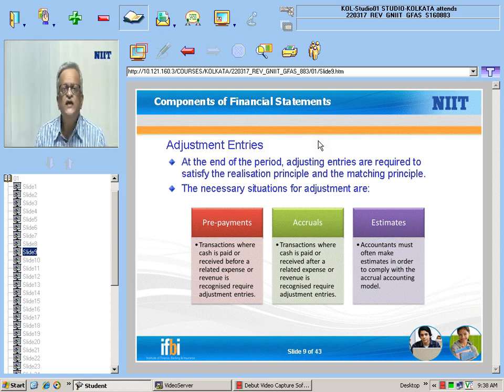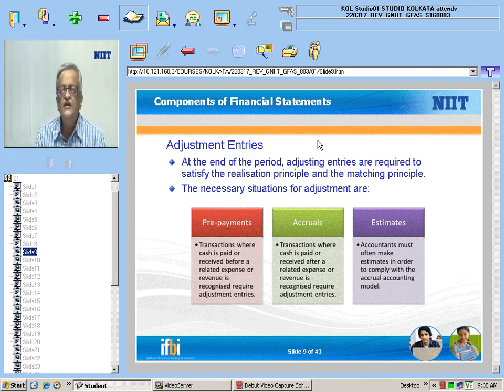So the necessary situations for adjustments are: number one, prepayment. Transactions where cash is paid or received before a related expenditure or revenue is recognized require adjustment entries. Similarly, second, accrual. Transactions where cash is paid or received after the related expenditure or revenue is recognized require adjustment entries.